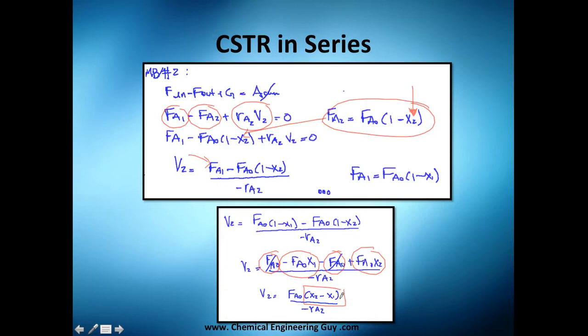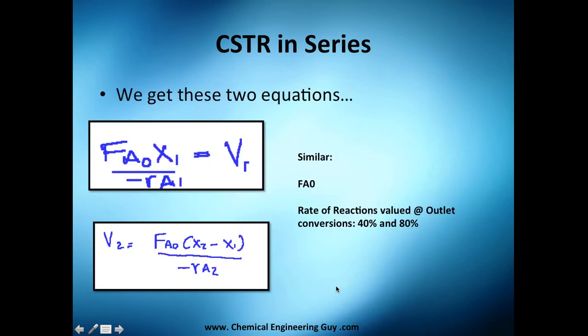Which is kind of interesting because now you have a reference point, which is the last conversion. So it's not only the second conversion, you take away the first conversion. It's similar because we reference everything to FA0.